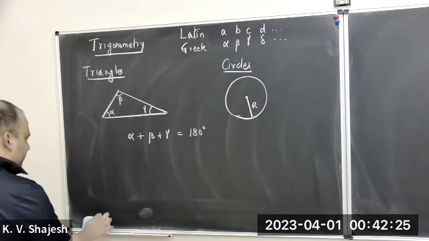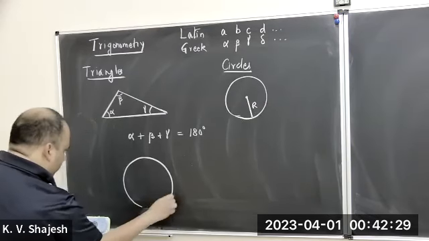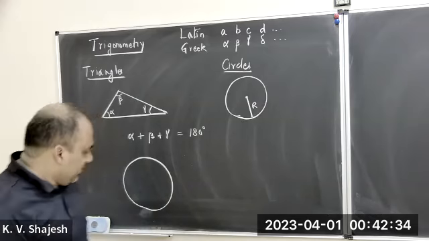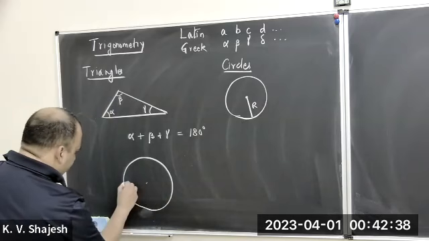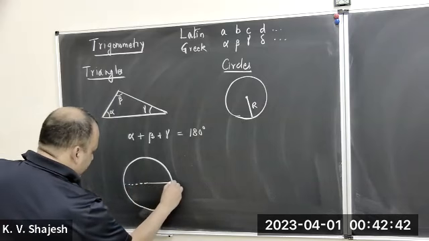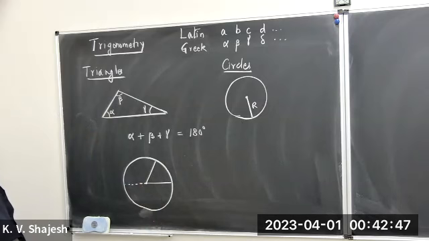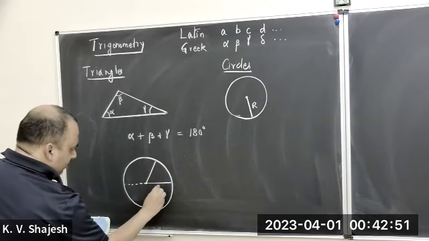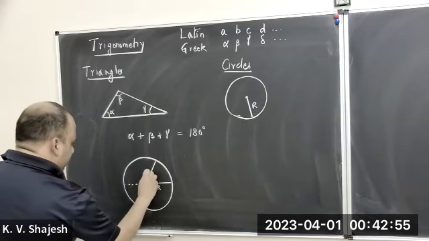Out of this, let's now think of a circle, and put a triangle inside the circle. For that purpose, I'll have a straight line built like this. That's my center, and if this is distance r, then this also is r.